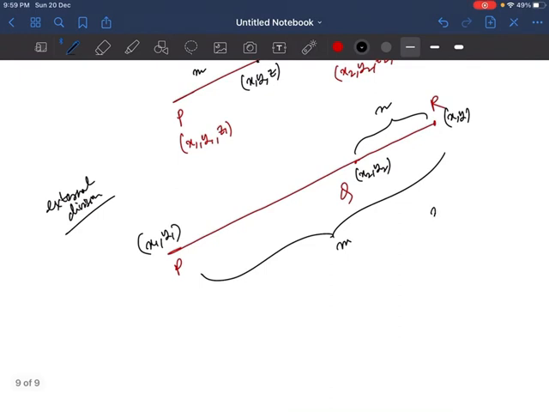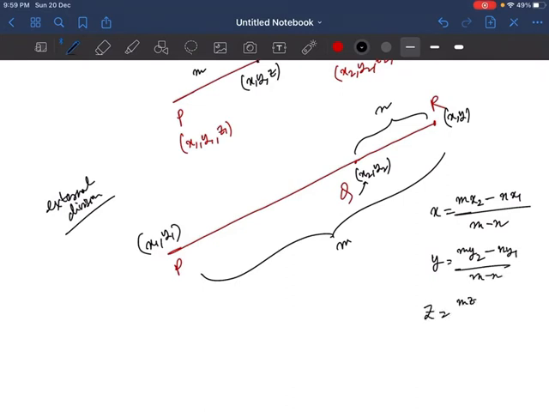Here x is equal to m, which is the ratio for PR, but you multiply it with the coordinate of Q. So m into x2 minus n into x1, divided by m minus n. For internal division it is plus, for external division it is minus. And y will be my2 minus ny1 divided by m minus n. And for z it will be mz2 minus nz1 divided by m minus n.